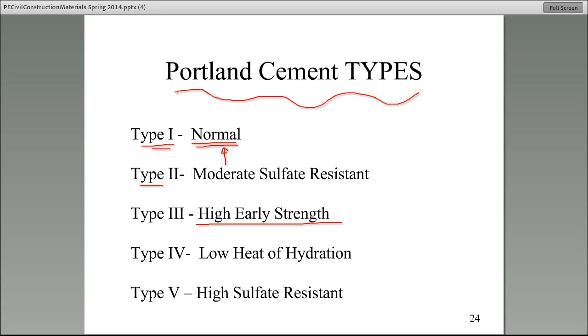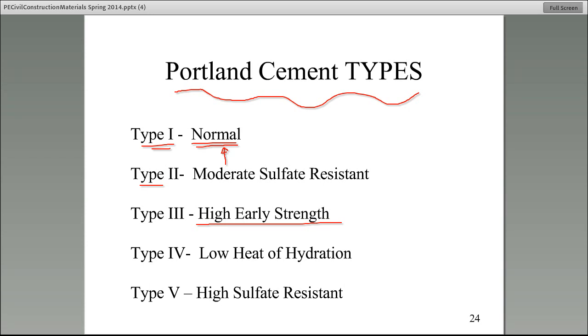Mary says high traffic areas. Well, I think what she's referring to is being able to open to traffic soon. All right. And El Paso is telling me high traffic streets as well.